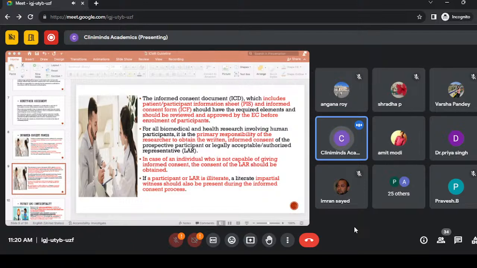So throughout the process of informed consent, these impartial witnesses are present, not only during the signing of the document. From the starting point, when we start counseling the patient, till the end of the consent process, this impartial witness will be present.